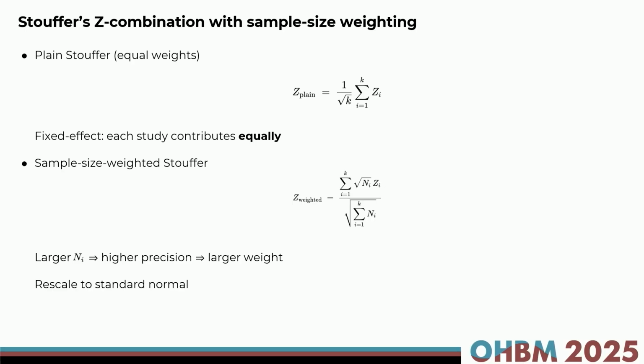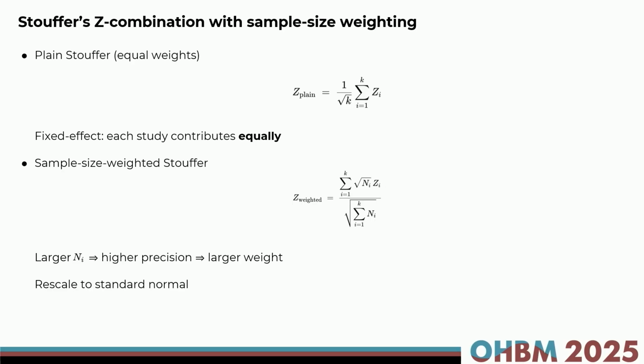So that's why we consider sample size weighting. If we look at the second expression, we assign the weight of square root of Ni for study i, which is the square root of the sample size. For larger Ni, it represents higher precision, so that's why we assign it a larger weight.